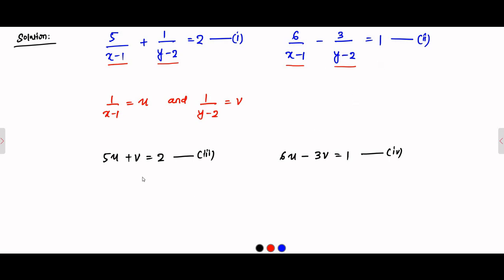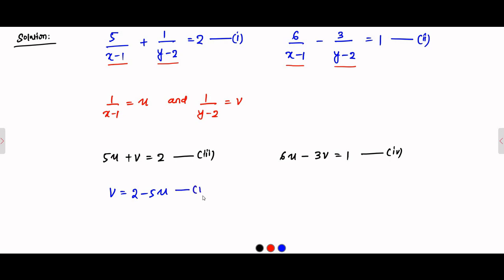Now we have got it in the proper format of linear equations in two variables, which we have solved previously. So we have to pick one of the equations and represent one variable in terms of the other. So let's pick this one. Here v is equal to 2 minus 5u.